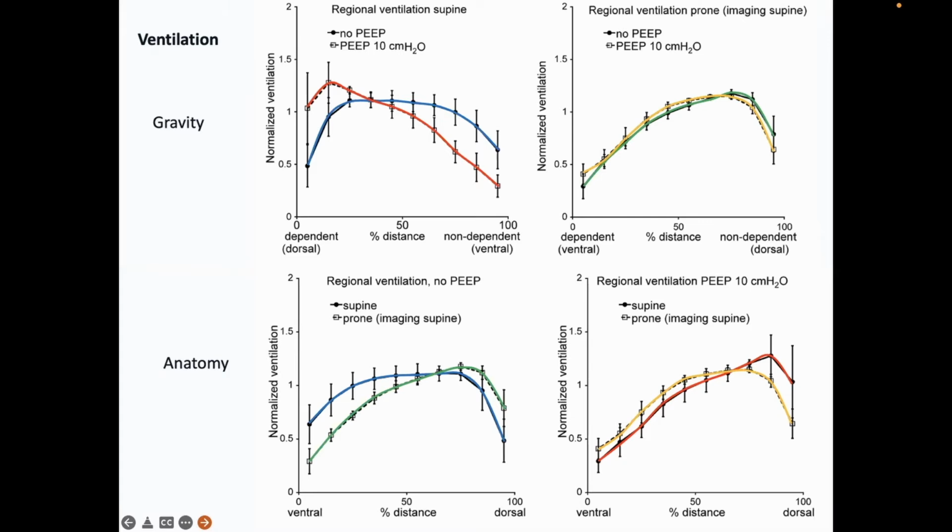So that means the effect of PEEP on the change in ventilation in supine position, that's on the upper left side, is huge. That's the red and the blue one. Whereas the effect of PEEP in prone position doesn't make a big difference. Now, I'm opening a bracket here: you may have heard that people say we need much less PEEP if we have patients in prone to achieve the same oxygenation during COVID ARDS ventilation. There are several papers out there.